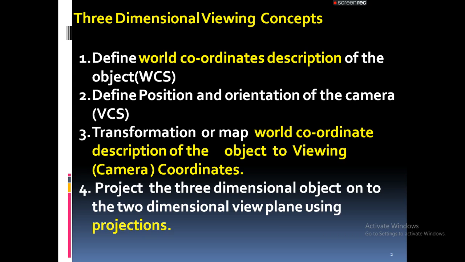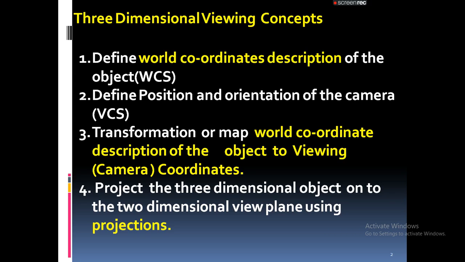These are the four steps we need when we want to project a synthetic three-dimensional object onto the two-dimensional screen. So I will repeat. First step, define the position of the object in the world coordinate system. Step 2, define the position and orientation of the camera, called the viewing coordinate system.